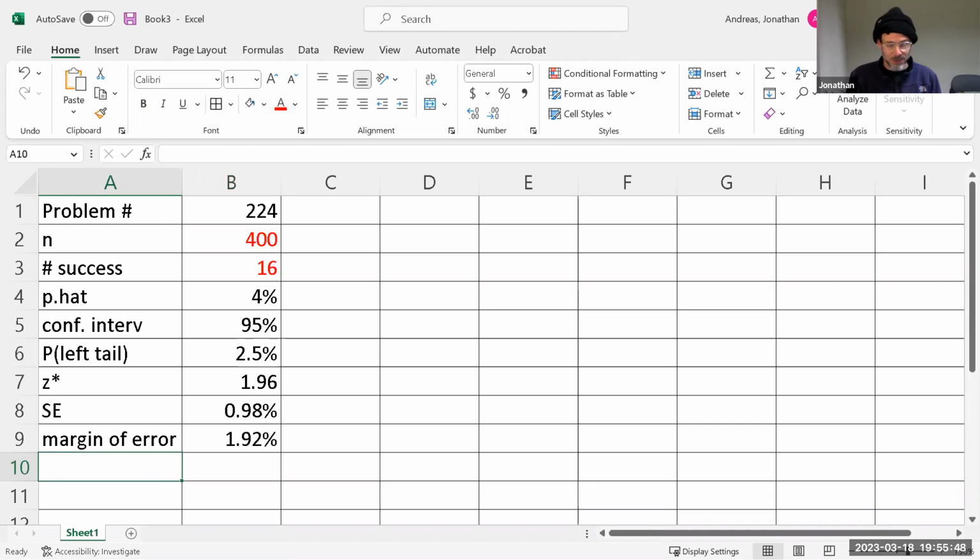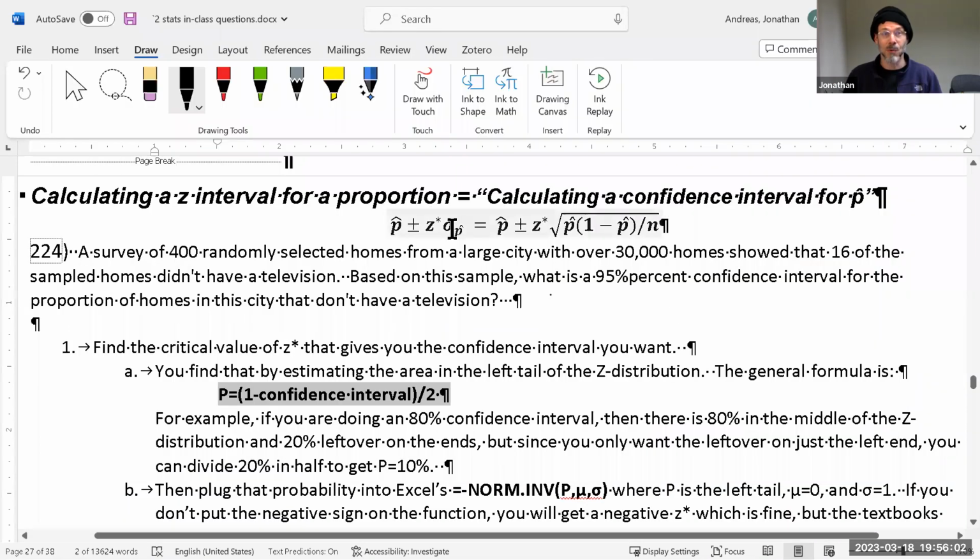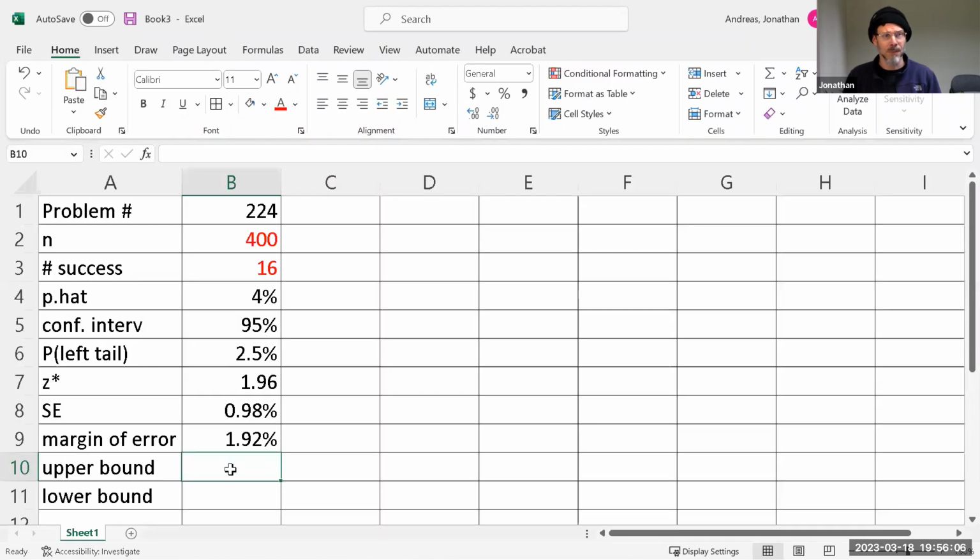So the other way we can present it is by calculating the upper bound and the lower bound. And the upper bound is just going to be, you basically calculate this whole thing out for plus, so p hat plus the margin of error.